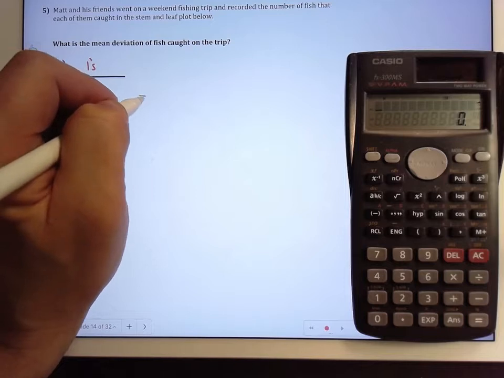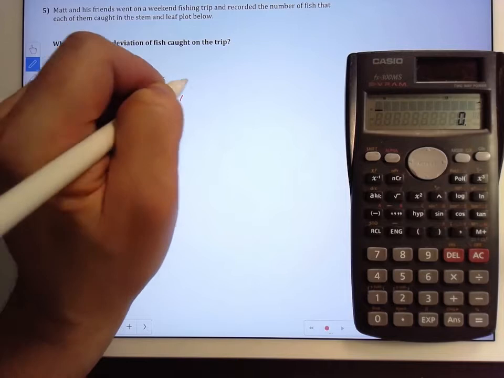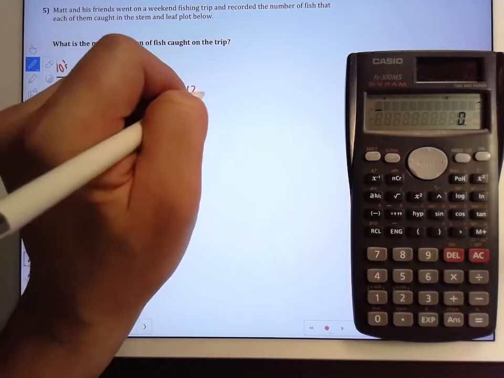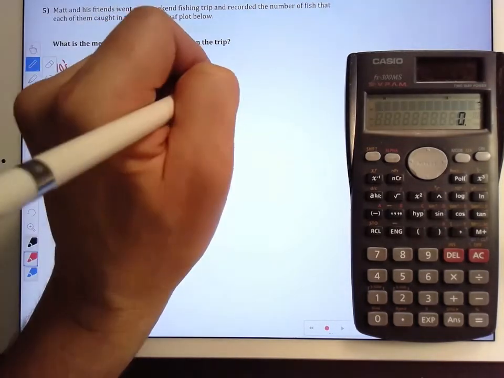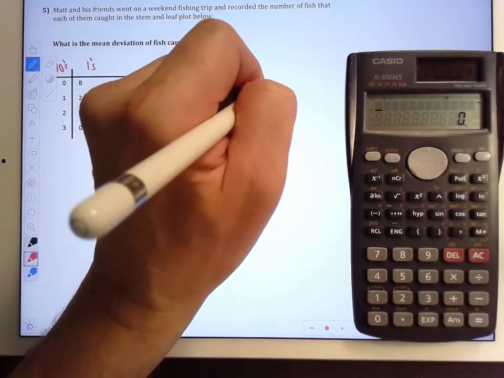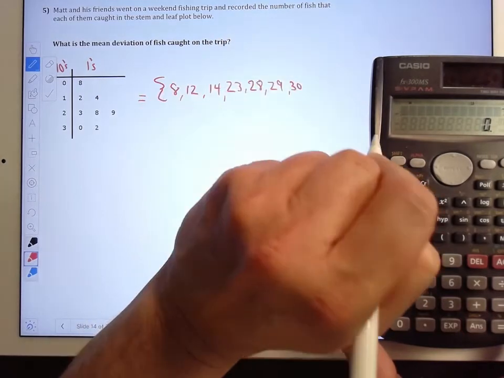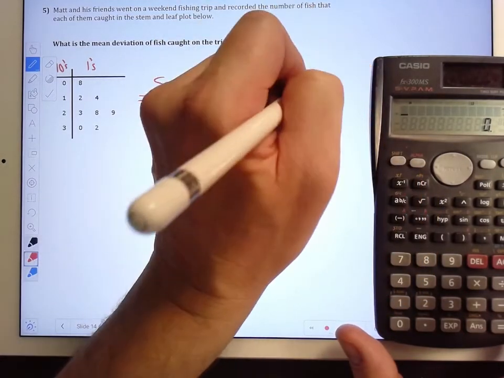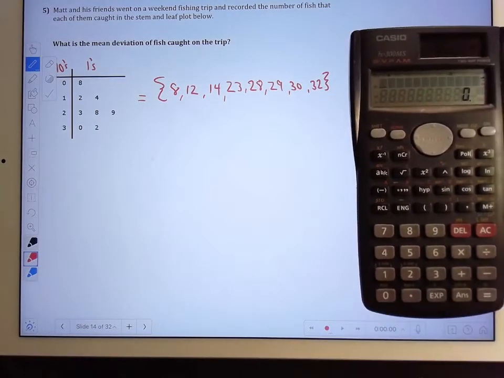So if we wanted to, we could do an 8 followed by a 12, 14, 23, 28, 29, 30, and a 32. Just to remember where those numbers come from. But they don't really change the way we're going to do the mean deviation.